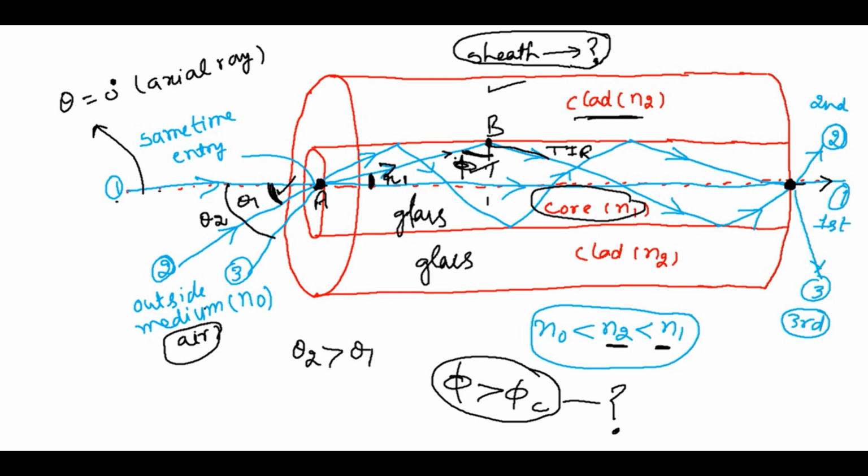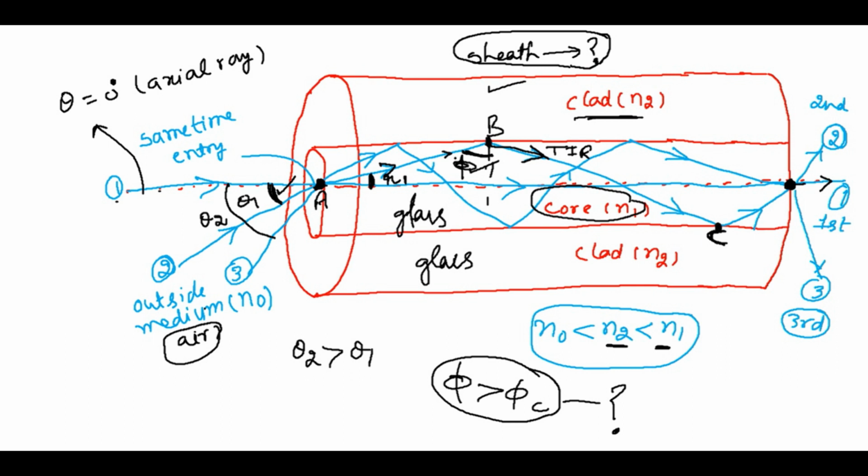When it comes back into the core, it will travel toward some point C on the optical fiber, and point C is again on the core-clad interface, but now it is on the opposite side. This point was, let us say, in the upper region, this is in the lower region.